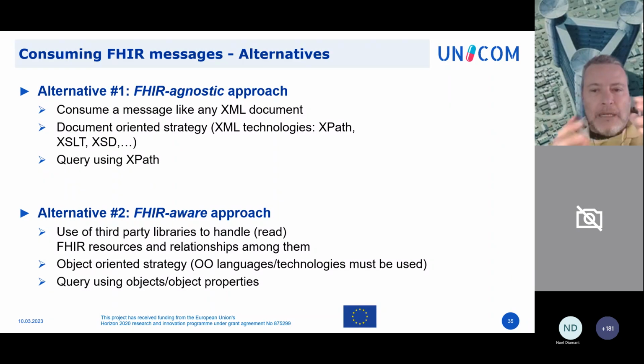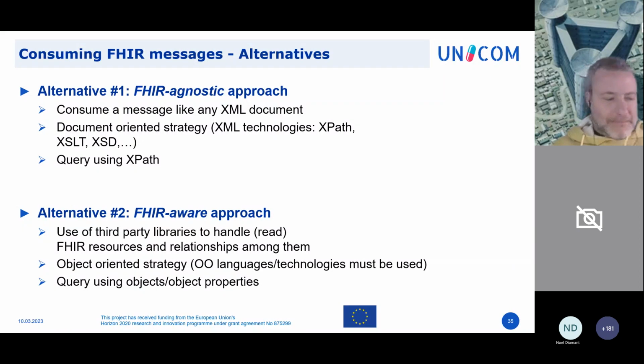Considering the second one, a FHIR message is an XML document, so let's try to consume it as an XML document, FHIR or not. That is, we don't use any specific technology tied to FHIR. So we will consume a message like any other XML document.